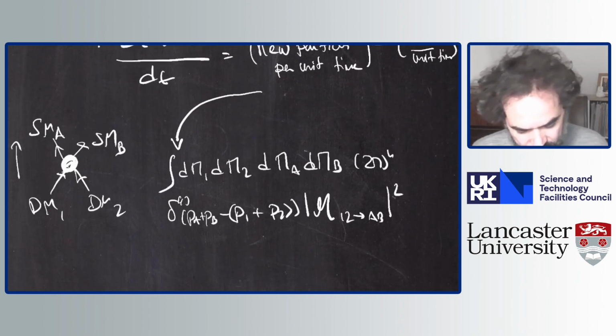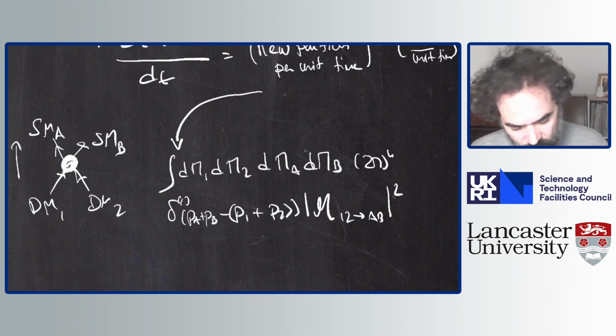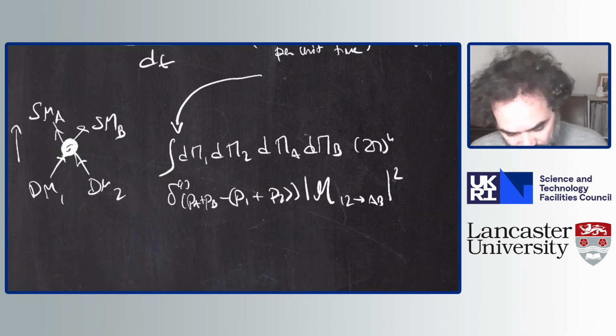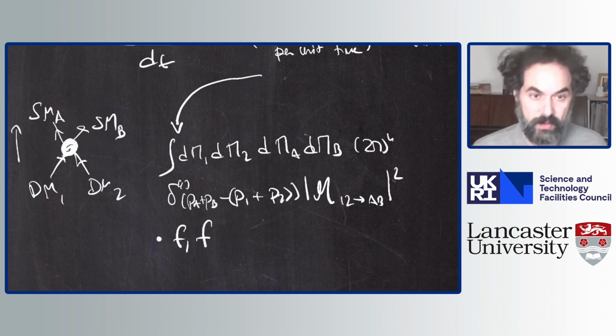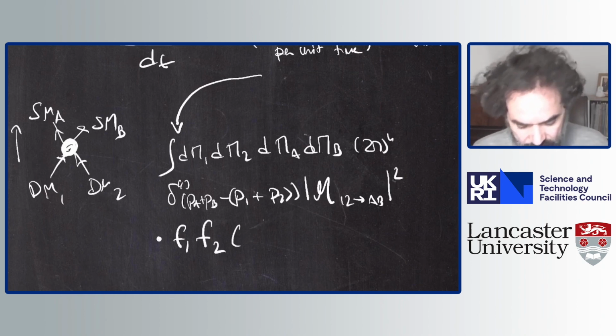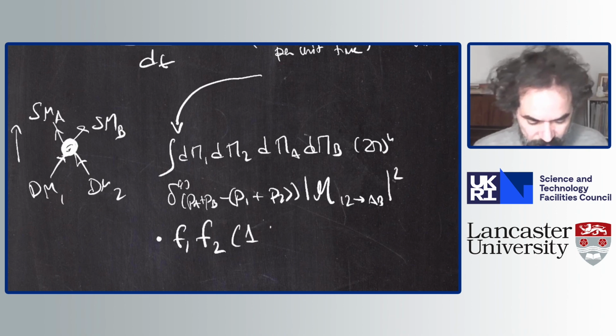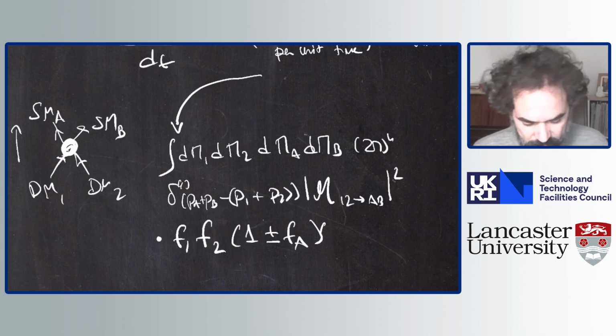That's the rate. This is the matrix element, and multiply by, oops, what happened here? Multiply by what? By the distribution function. So the number of particles of 1 at the beginning, the number of particles of 2 at the beginning per unit volume, and you have to take into account that these reactions are either enhanced or suppressed if there are fermionic or bosonic degrees of freedom.